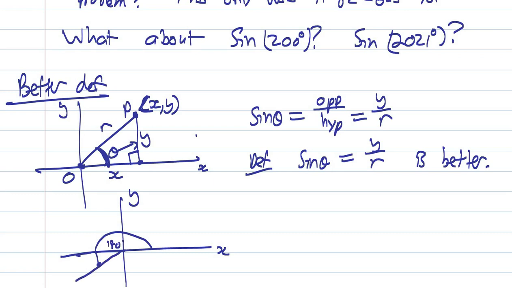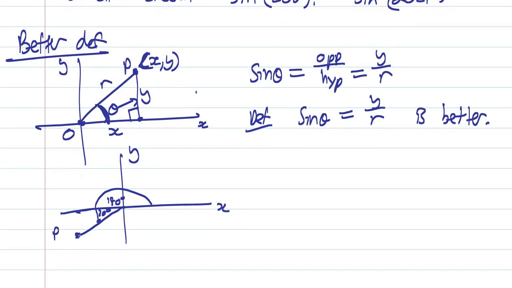So this would be 180 degrees, this would be 20 degrees, and you get a point P over there. If you do this on graph paper, you can work out the x value and the y value.